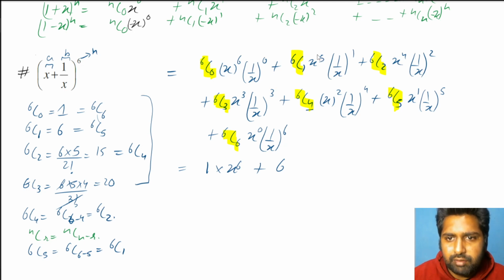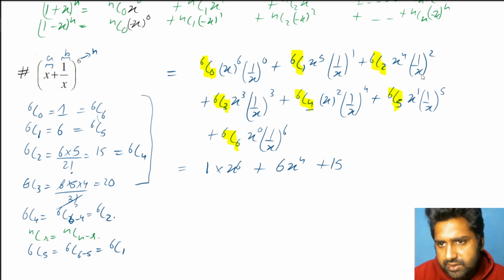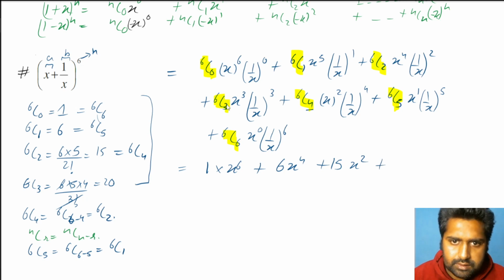So power 5 and then the denominator is only x. So x will cancel. So effectively you'll have x raised to power 4. You have to solve the power of x also. 6c2 was 15. So x raised to power 4 and 1 by x raised to power 2. So power cancels again, 4 minus 2 becomes 2, plus 6c3 is 20.